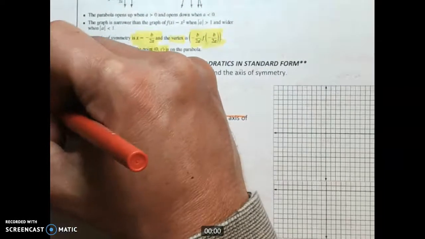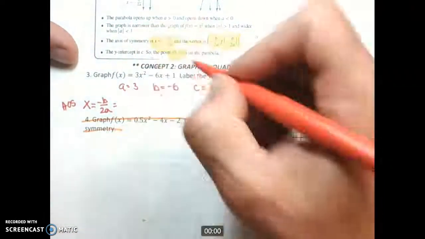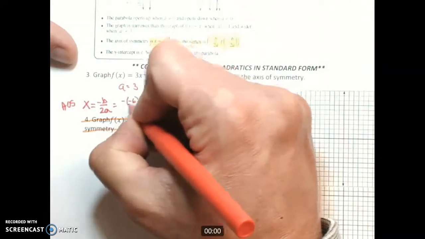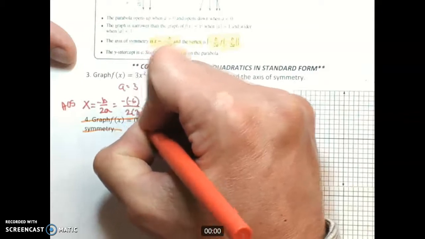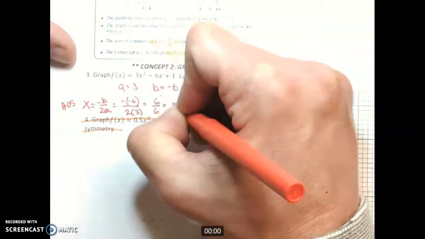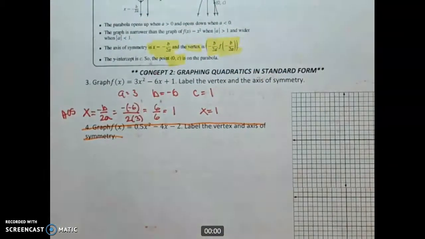That is my axis of symmetry. Negative b would be the opposite of negative 6, over 2 times a, which is 3, which gives me 6 over 6, which is 1.